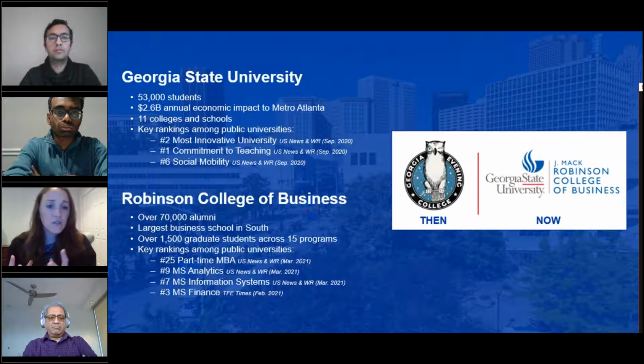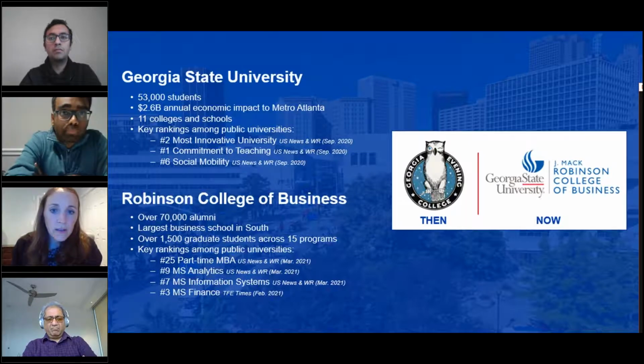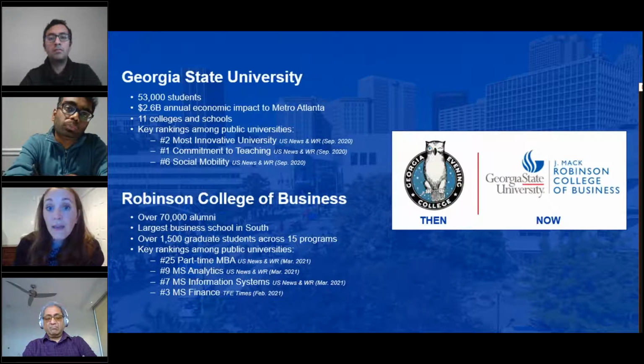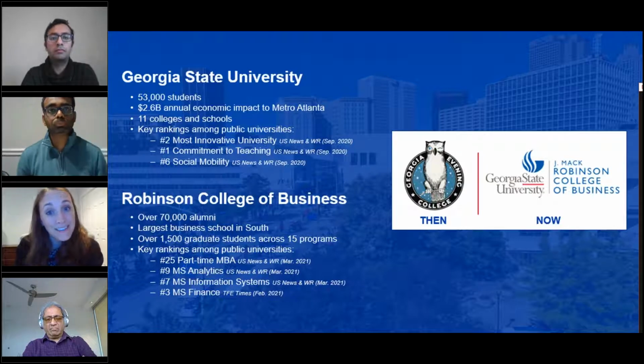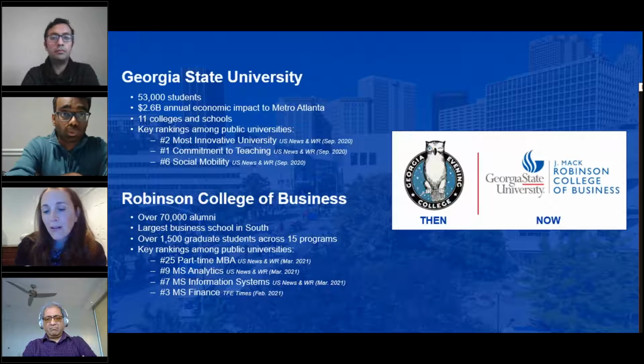These are areas where we are really committed, and this trickles down to the Robinson College of Business. We are one of the largest business schools in the South. We have one of the largest portfolios of graduate business programs, with 15 programs. And you can see here some of our ranked programs, including our MS in Information Systems program. Over here, you see an image of an owl and the J.